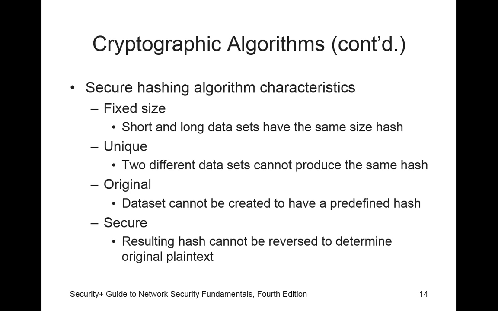It's impossible. Original: the data set cannot be created to have a predefined hash. In other words, 93542 will not always be the same hash on every computer. Does that make sense? And then secure: the resulting hash cannot be reversed to determine original plaintext.